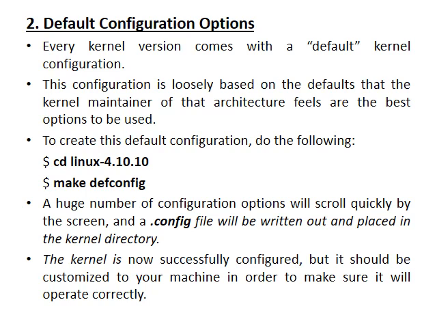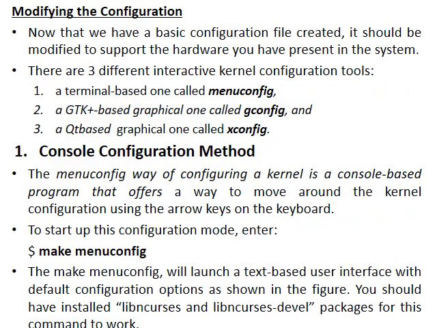After that, you will get the .config file created, and it will be available within the kernel directory. After configuration of the kernel, the next step will be considered in the next slide. After getting the default configuration, we may need to modify the configuration.